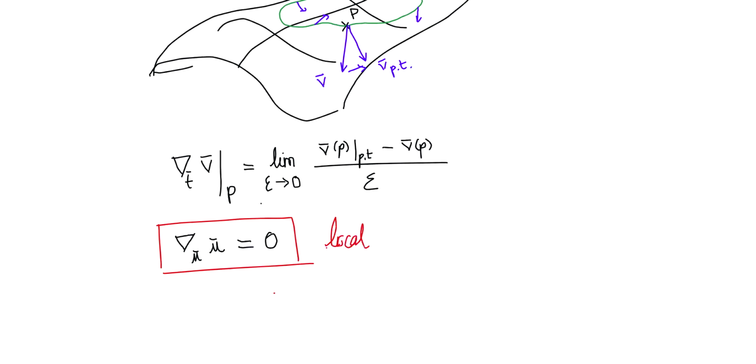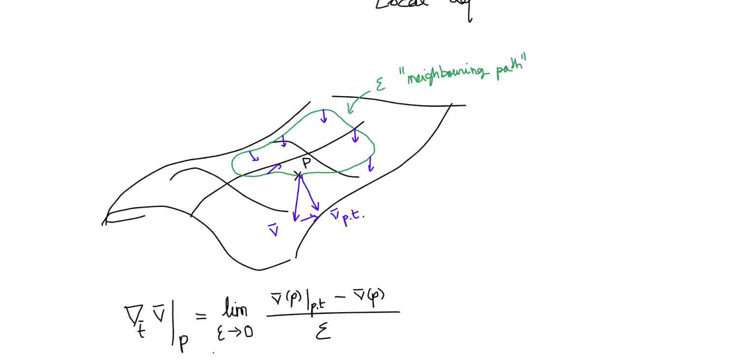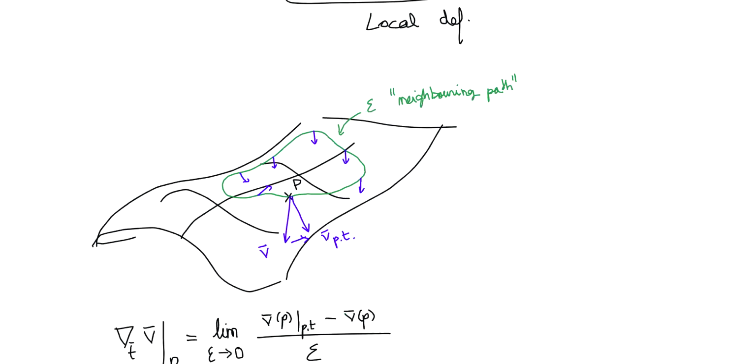I forgot to mention what I mean by in direction t or in direction u. I mean that we are parallel transporting our vector V following the direction of the unit tangent vector to our neighboring path. So we parallel transport in that direction. That's why I write it here.